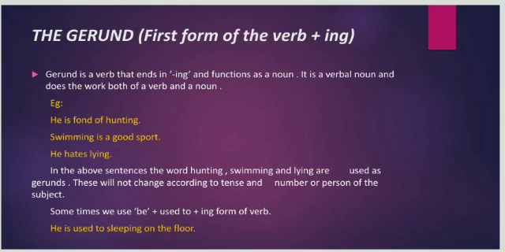Okay, so swimming is a good exercise. Or he hates lying. Again in this sentence, the word lying is used as a noun. So wherever we use the verb as a noun, it is called gerund. I think it is clear.